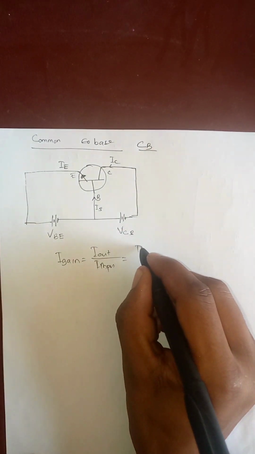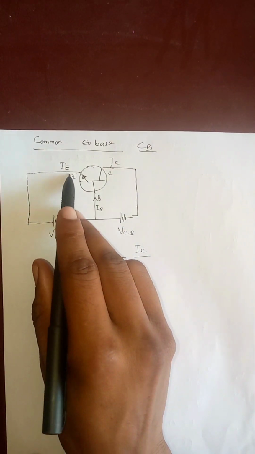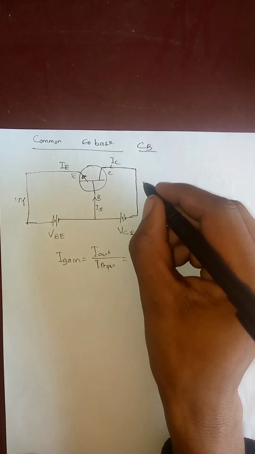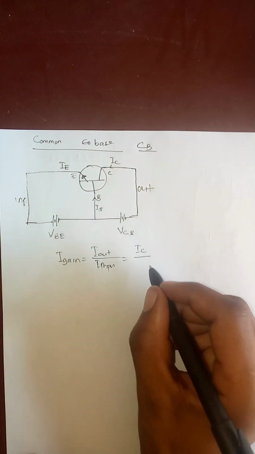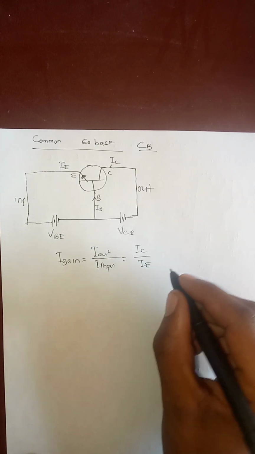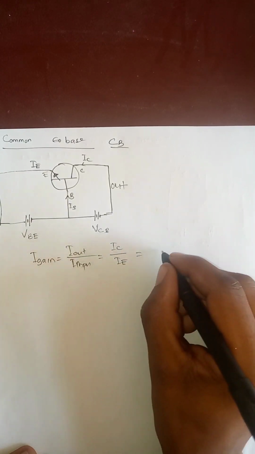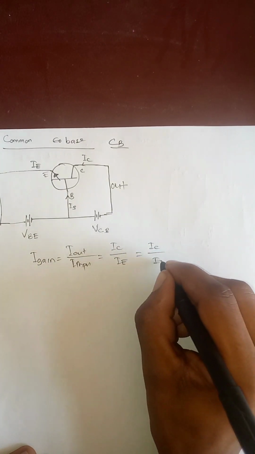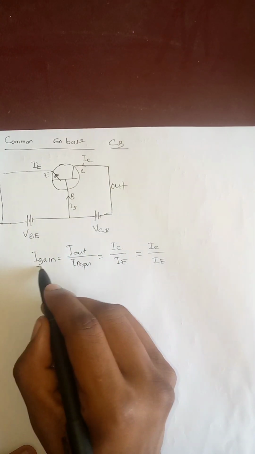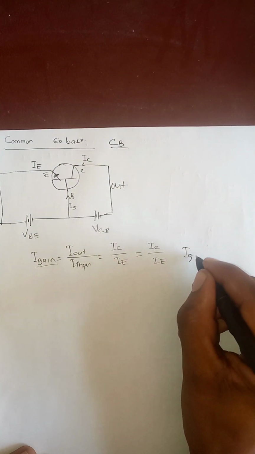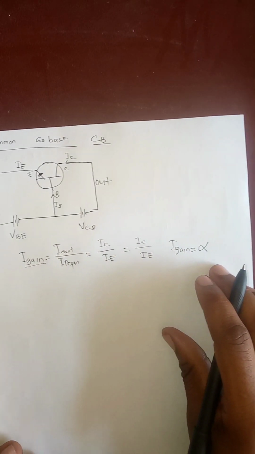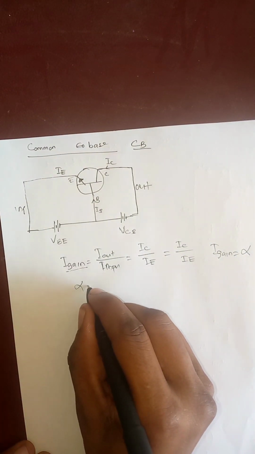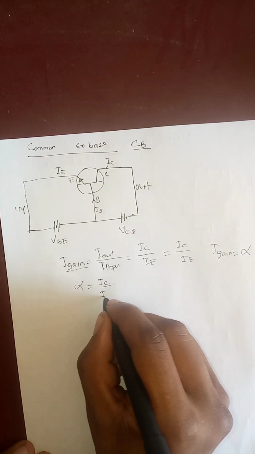It is IC over input. This is input, this one is output. So we know the current is IE. So current gain is equal to IC over IE. But we know this current gain is denoted by alpha.